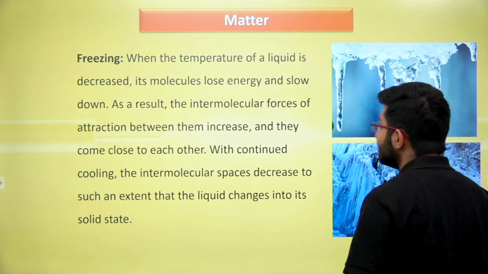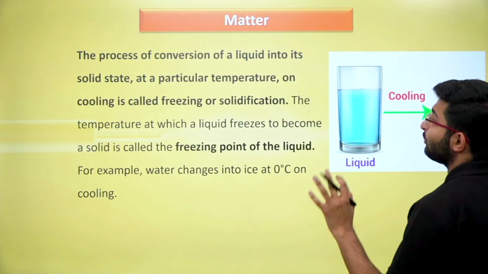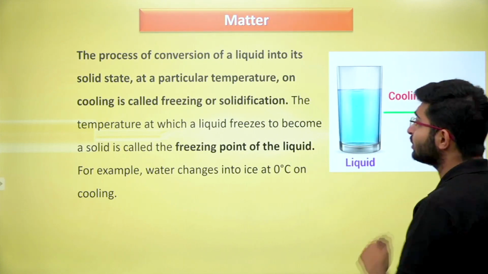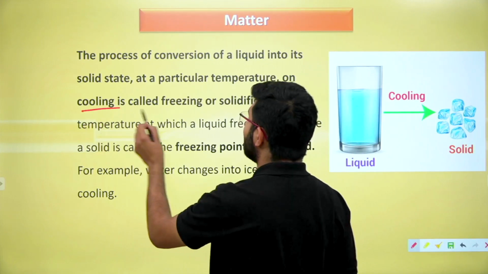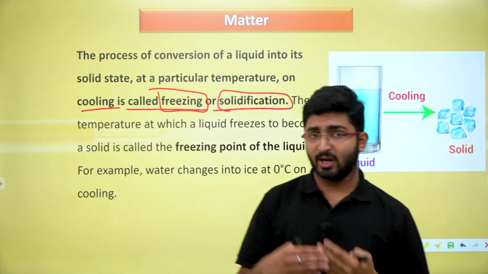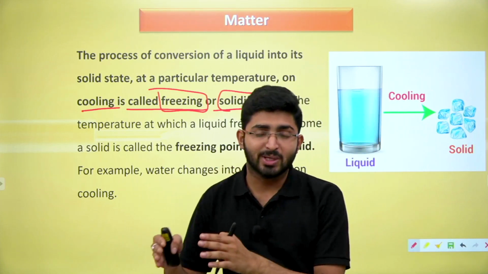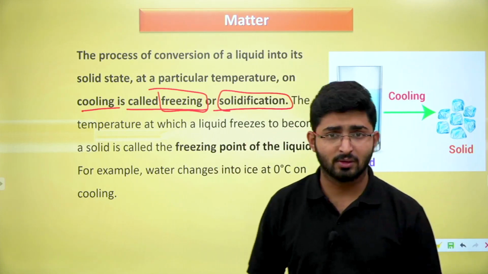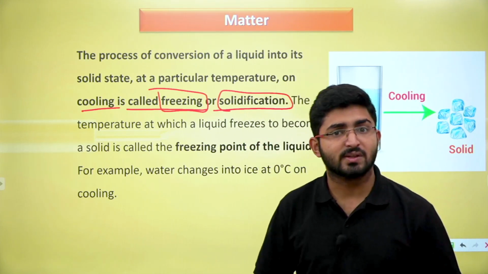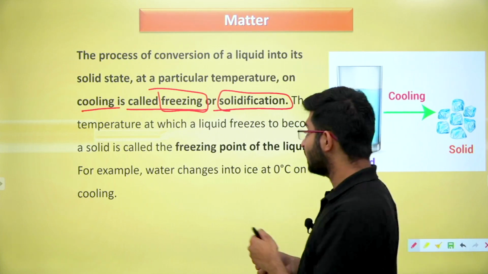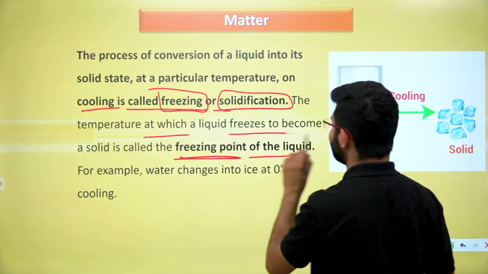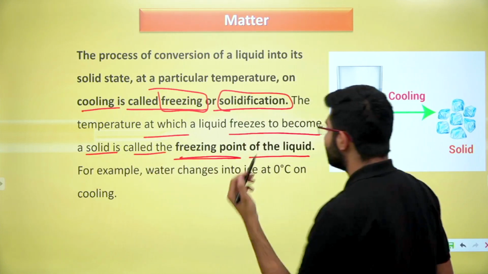Moving ahead, what is freezing? The process of conversion of a liquid into its solid state at a particular temperature on cooling is called freezing or solidification, right? The temperature at which a liquid changes itself into a solid is known as the freezing point of the liquid.